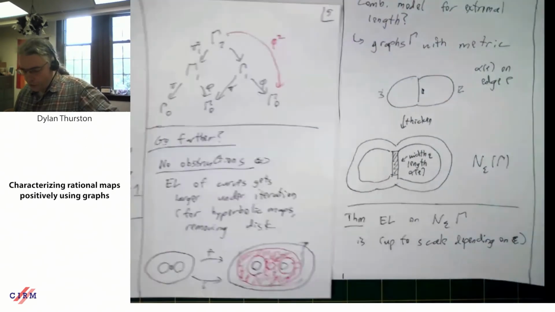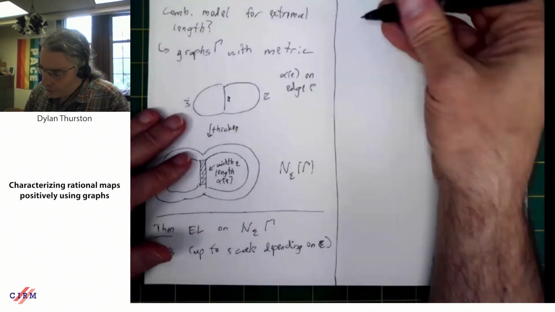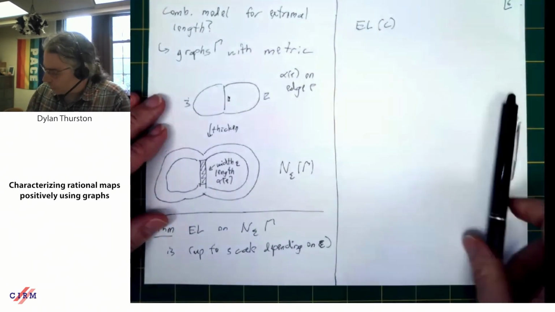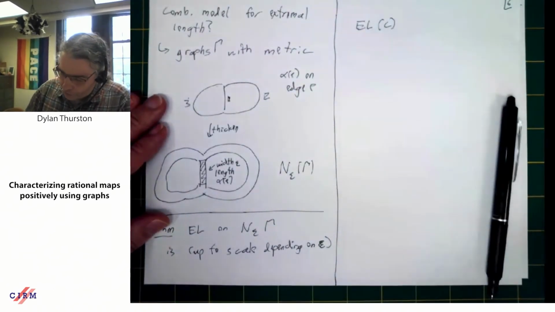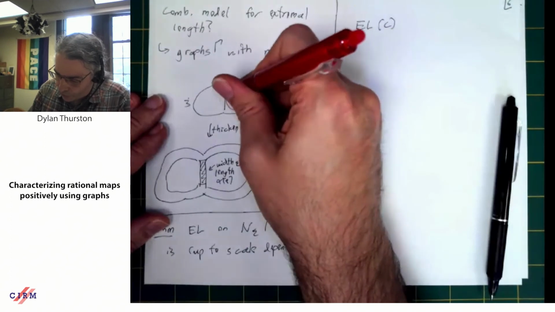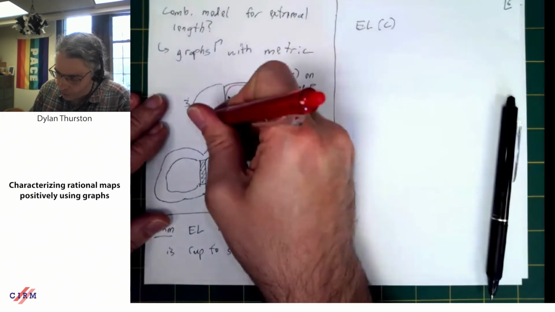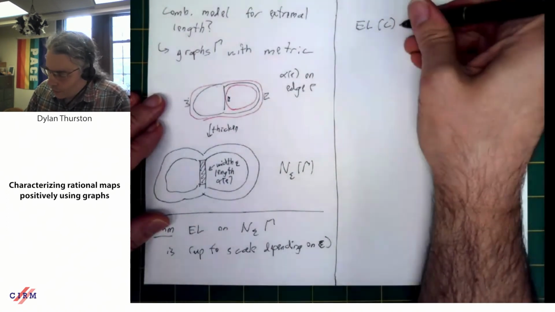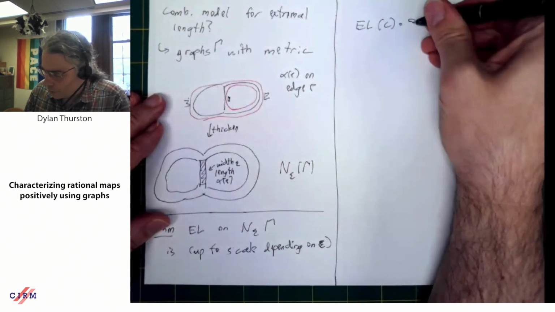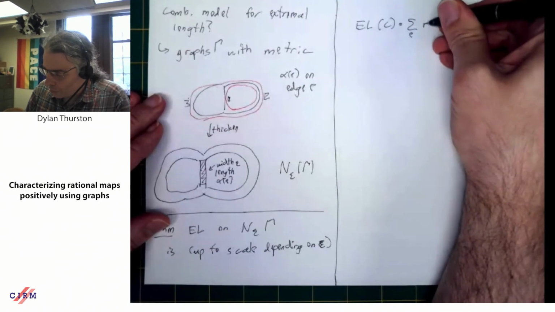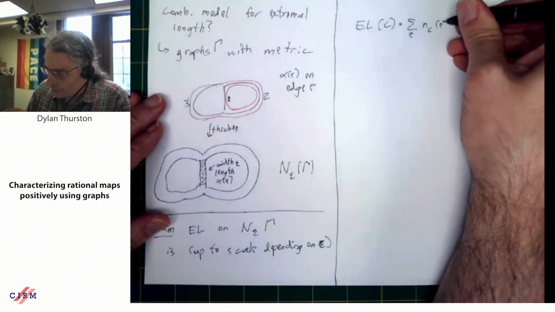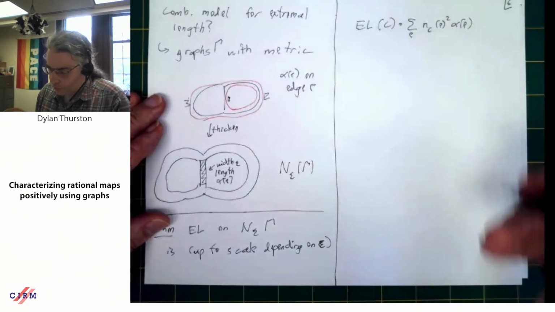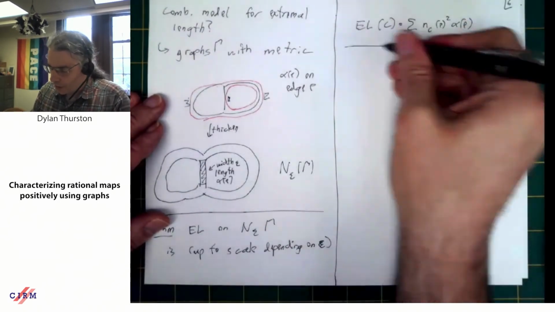I want the extremal length of some curve, which means some loop running around on the surface, and maybe it's a multi-loop, something like this. And it's the sum over the edges of the number of times the curve runs over the edge squared times alpha of e. Anyway, some simple combinatorial function on that.